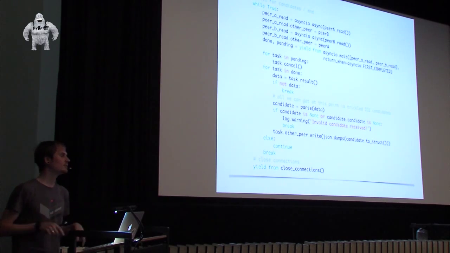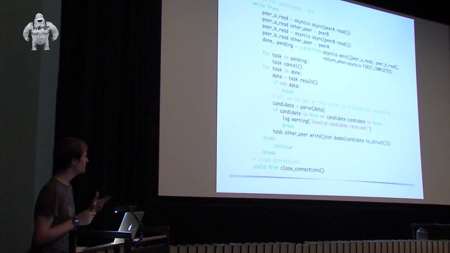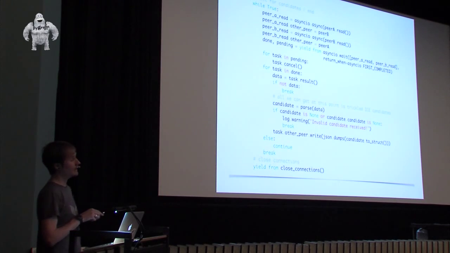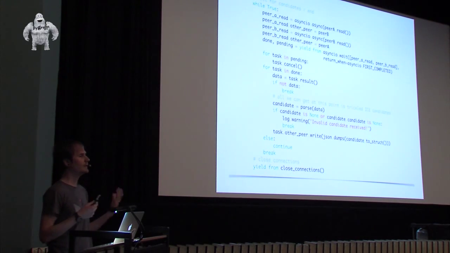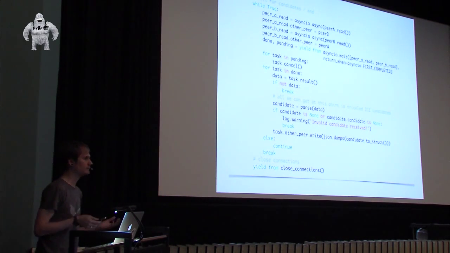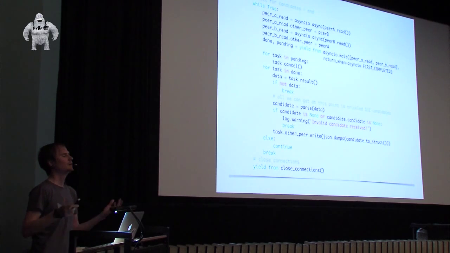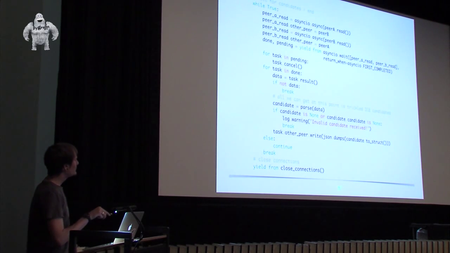When you read an empty string from a socket, it means the connection got closed. Here it means the same. So we break. When we break from this loop, we wouldn't enter into the else, because else for a for loop is only executed when there is no break, for those who are not very familiar with for else. So we would break again, and then we break from the outer while loop, and we're done. And then we can close the connection.